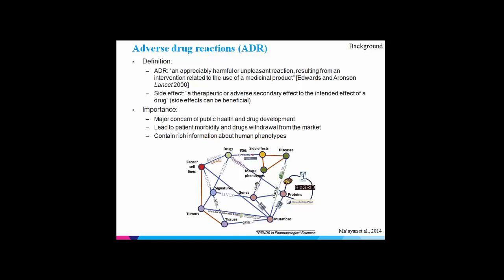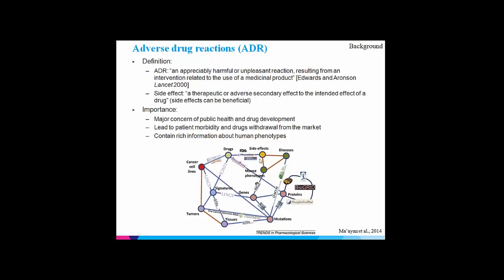It's very important to study ADRs because it's a major concern of public health, and also it's very important during the drug development process. If you fail to identify severe ADRs, it will lead to patient morbidity and the withdrawal of the drug from the market. However, from the scientific point of view, ADRs actually contain rich information about human phenotypes.